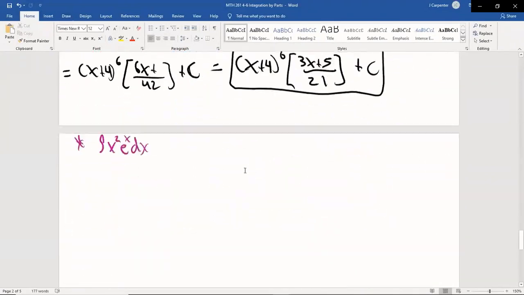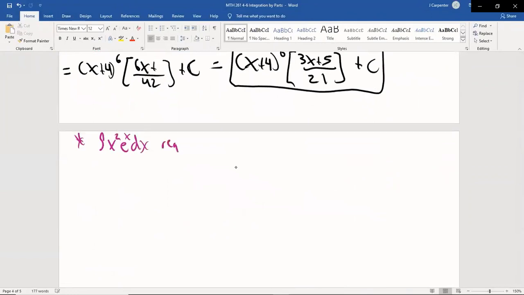This problem in particular requires integration by parts twice. When you get to your uv minus integral v du, that integral v du part is going to end up being, no joke, there's another constant or a sign in there somewhere, but no joke, it's x e to the x. So you end up having to do it twice.